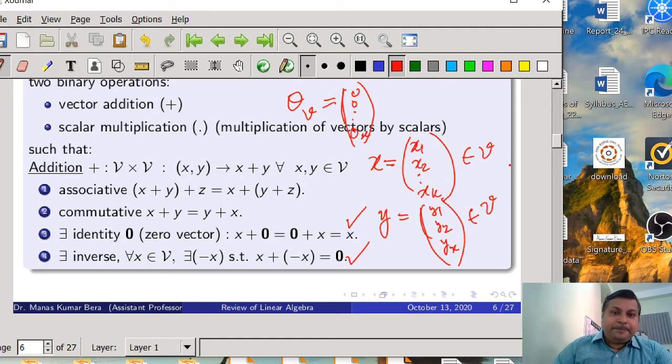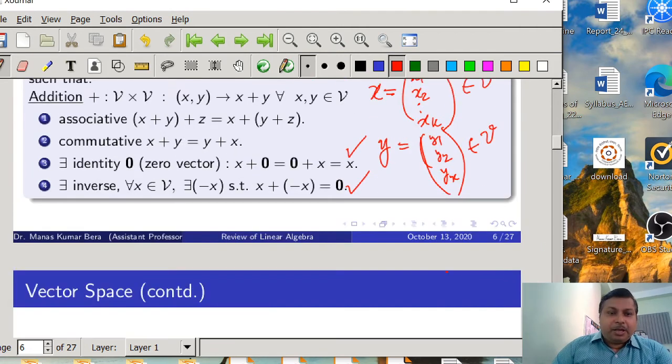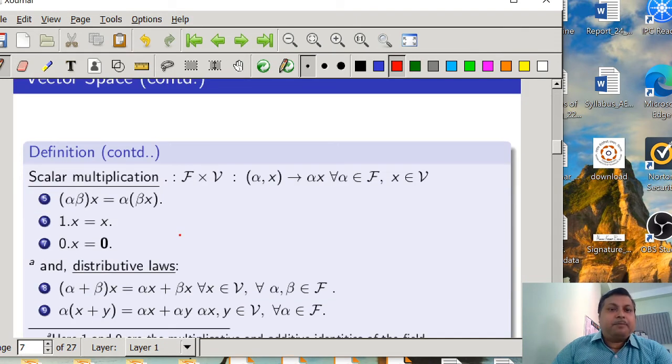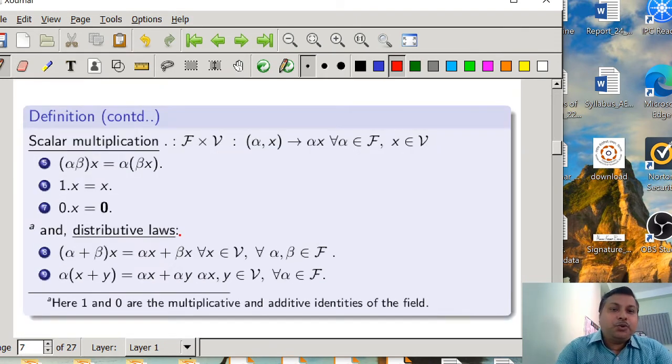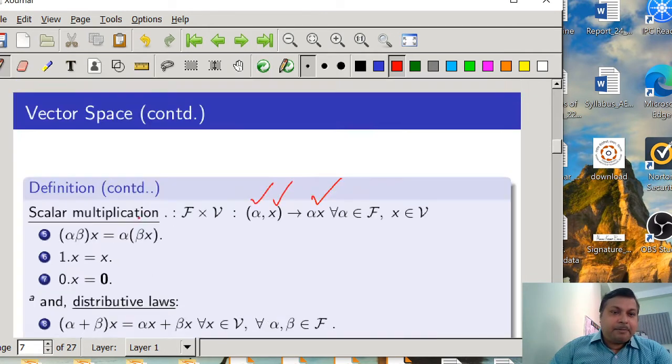Similarly, for scalar multiplication, you choose a scalar alpha from the field F and any vector x from the vector space V, and the scalar multiplication alpha into x also belongs to the vector space V.